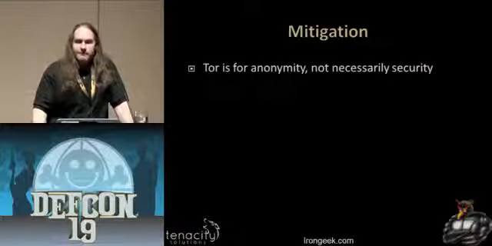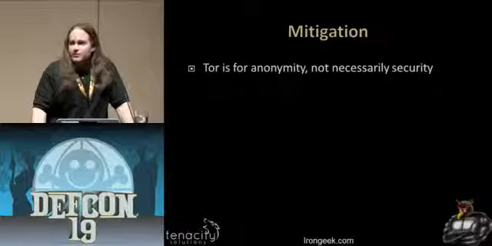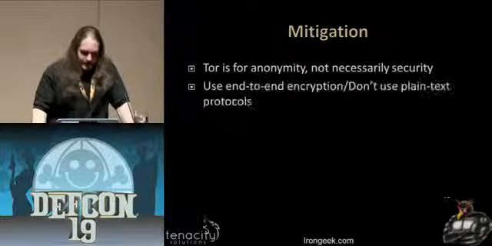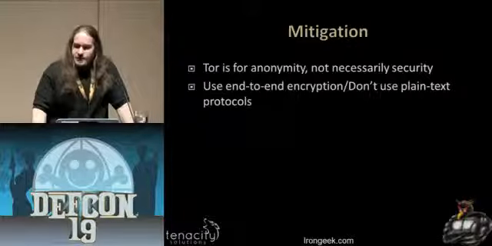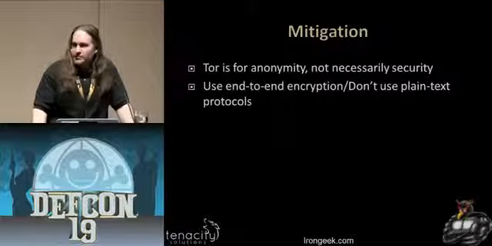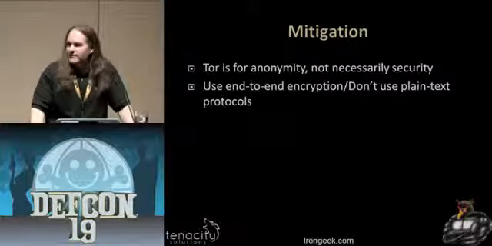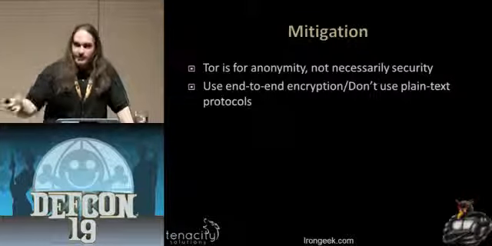Okay, keep in mind, mitigation-wise, Tor is for anonymity, not necessarily security, and it's only as secure as the protocols you're running on top of it. Use end-to-end encryption. Don't use plaintext protocols, and if you do use plaintext protocols, expect that other people might be able to see them. But sometimes that's fine. You just want to visit a web page without other people knowing you're visiting that web page.